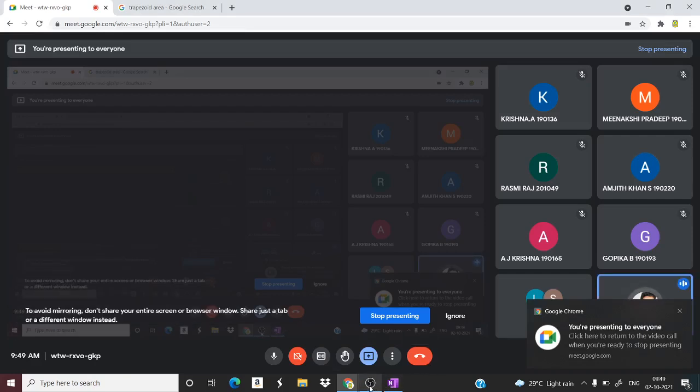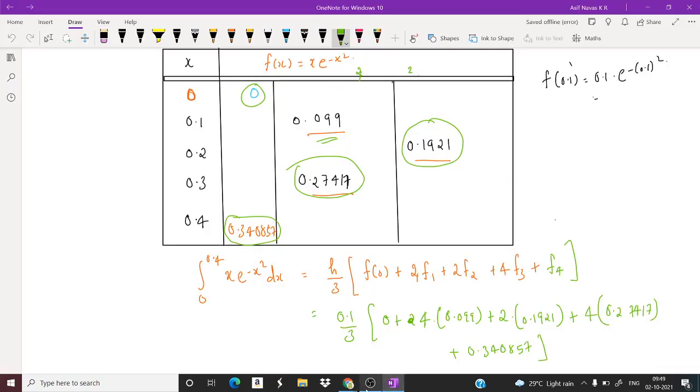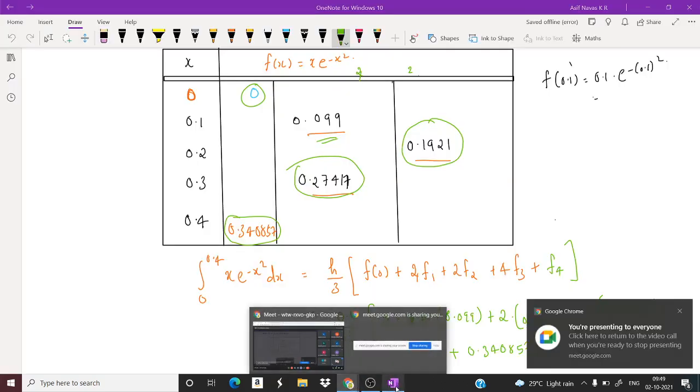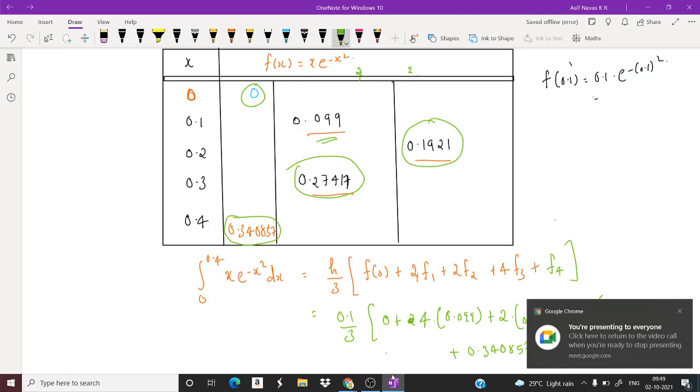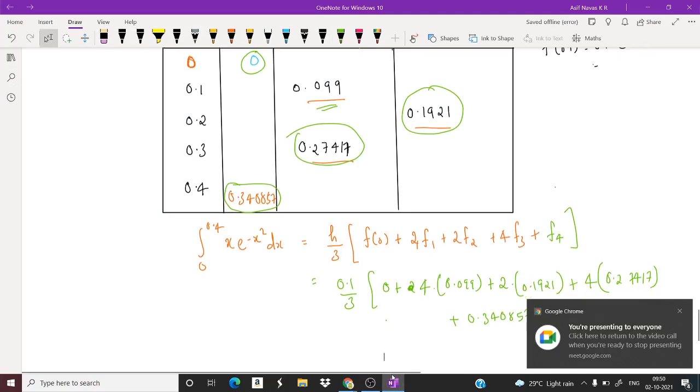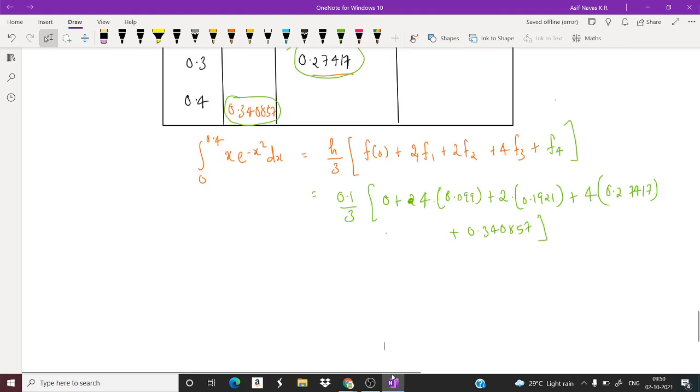Am I audible now? Yes. Okay, so we are just applying these values, then you will get the answer. The answer is, if you add this, 0.1 by 3, divided by 3, f of 0 is 0.